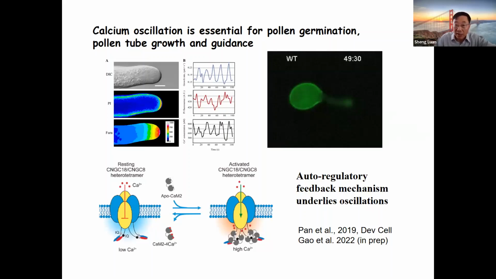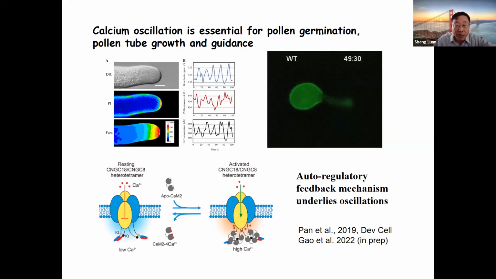Anything oscillating has to be regulated by this kind of auto-regulatory feedback mechanism, right? So another example is circadian rhythm in plants and in other eukaryotic systems. They are all controlled by auto-regulatory feedback transcription factors, right?